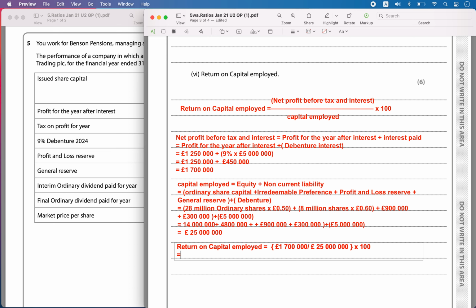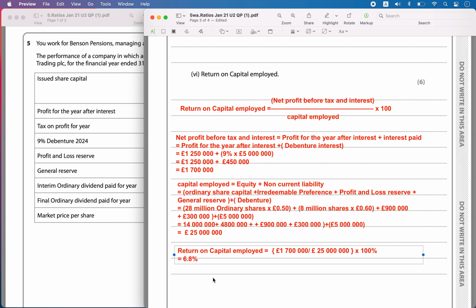So 700,000 divided by 25 million is equal to 0.068, times 100, so that is equal to 6.8%. So the return on capital employed was equal to 6.8%.